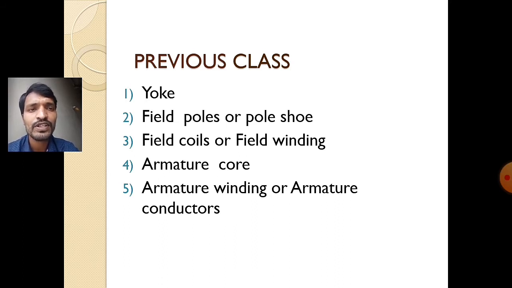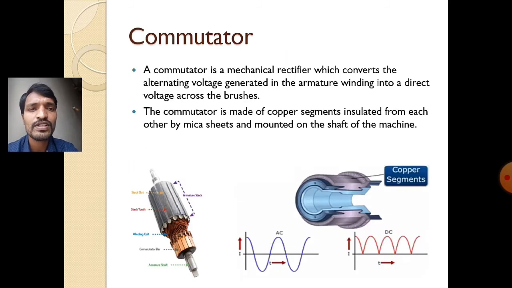Now in today's class we are going to discuss another 5 parts of the construction of a DC generator. Number one is the commutator. You are already aware of the commutator; in earlier classes we discussed it. It is a mechanical rectifier which converts the alternating voltage generated in the armature winding into a direct voltage across the brushes.